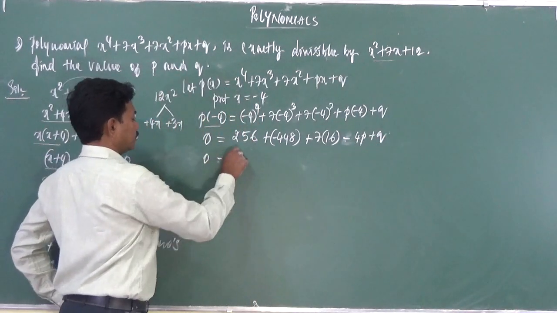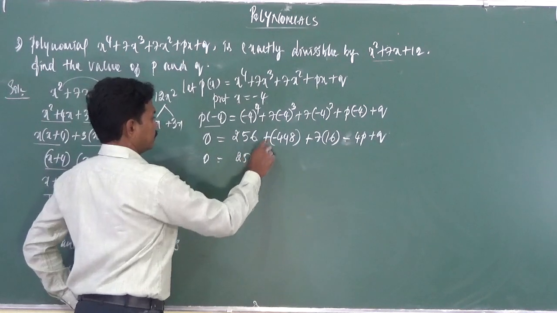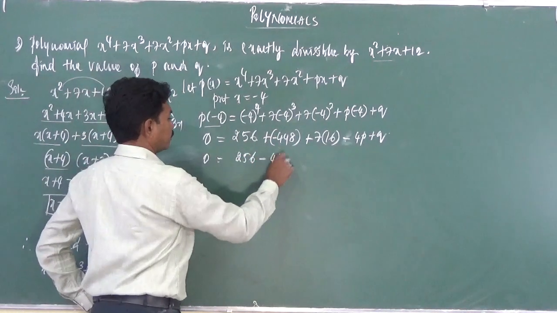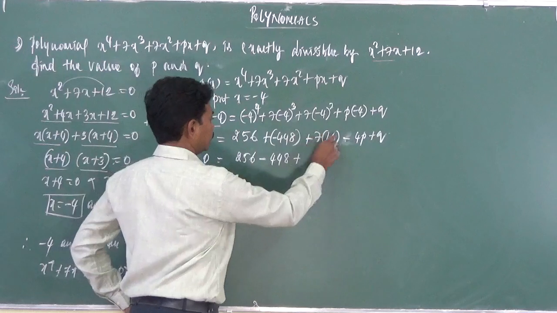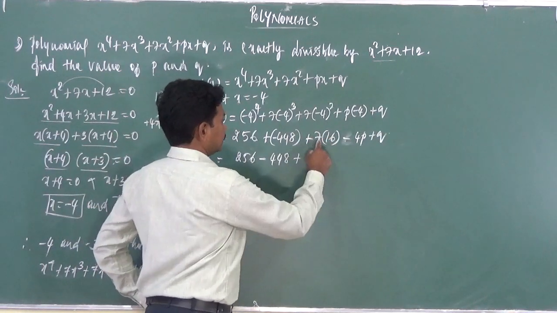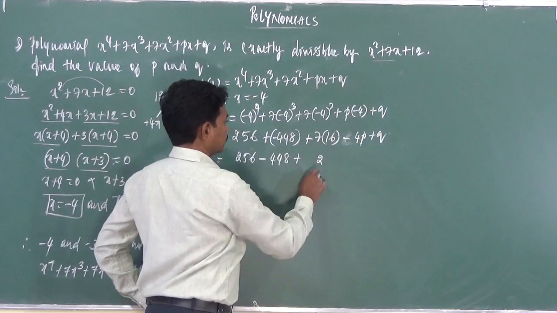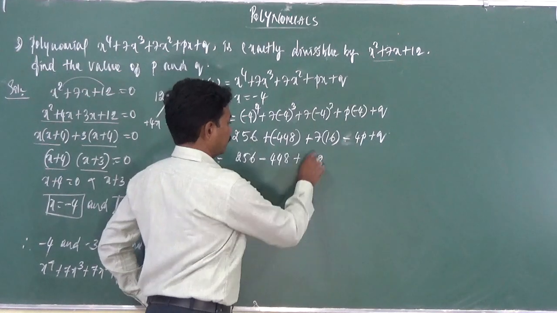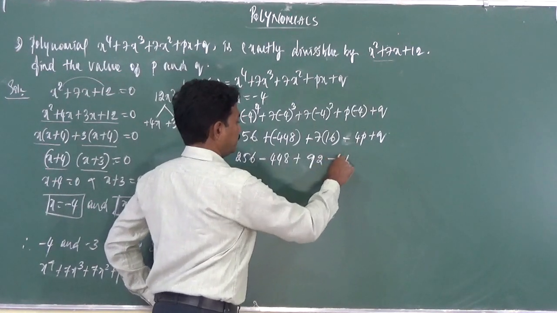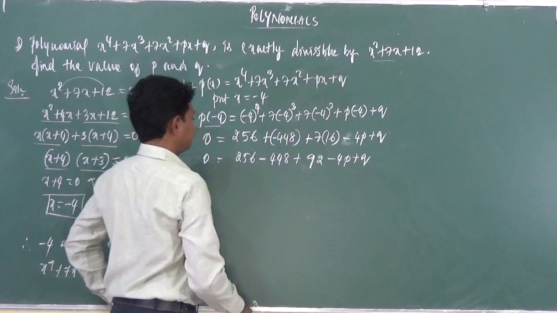Okay, 0 is equal to 256 plus into minus is minus 448 plus 16 into 7 is 112, minus 4p plus q.